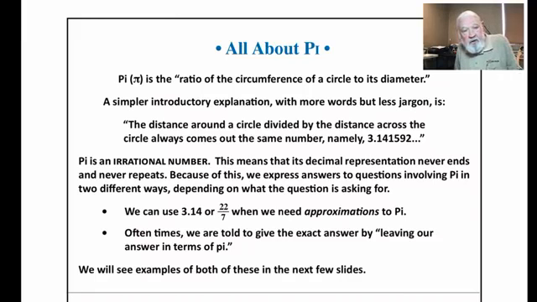That is the circumference divided by the diameter. Sometimes we're going to be asked to give exact answers. Sometimes we're going to be asked to give approximate answers, because pi, being an irrational number, does not have a decimal representation that is easy to work with. So let's see how all that works out in practice now.